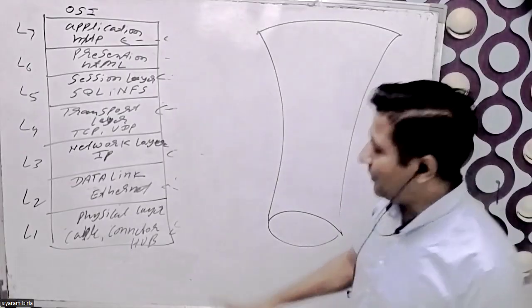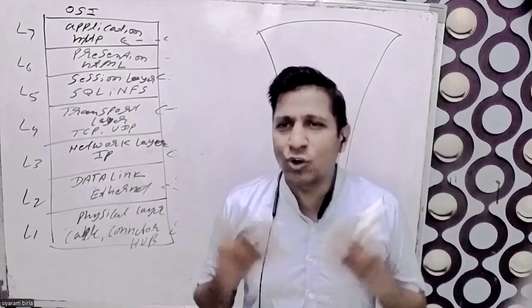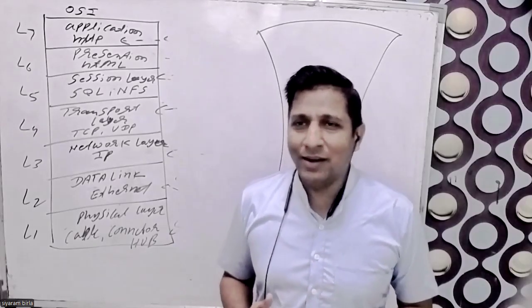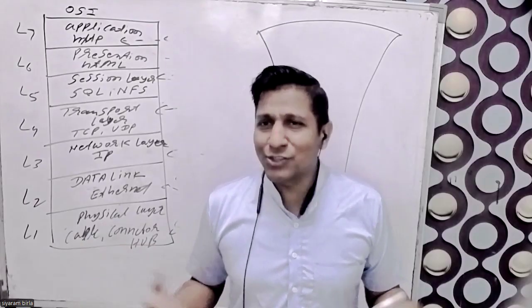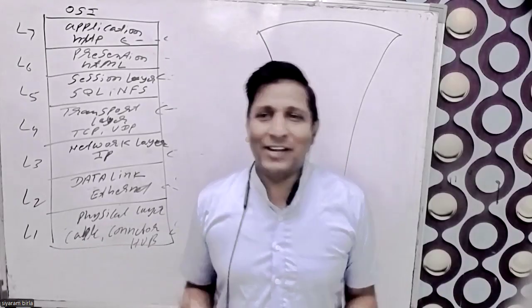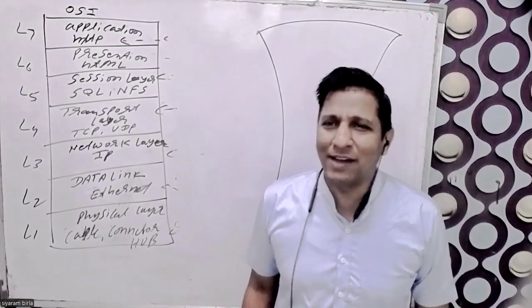The hub is an electronic device. It has a single collision domain and a single broadcast domain. There is no memory here, and no VHDL design or anything in a hub. It is a simple electronic device.